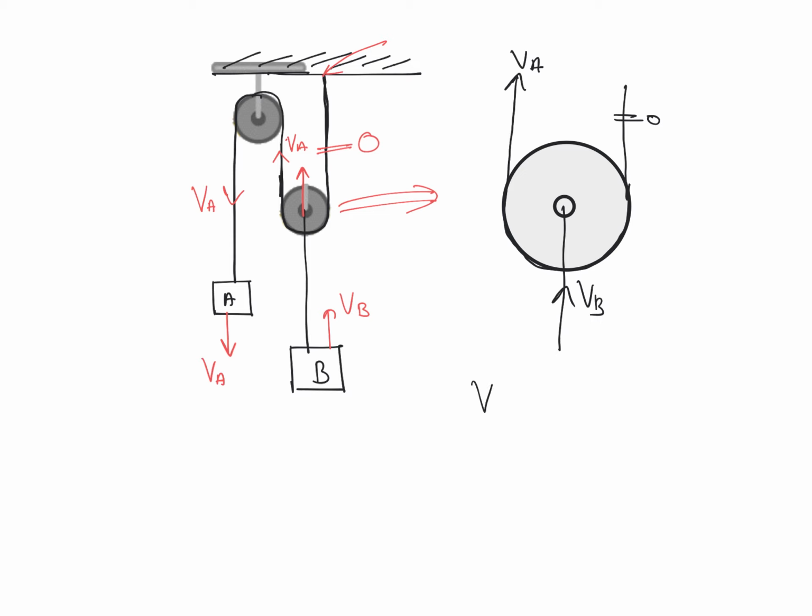So by using our constraint relation, we can write the velocity of this pulley is equal to the velocity of A plus 0, divided by 2. So we'll get the constraint relation between them. Velocity of B will be equal to velocity of A divided by 2.